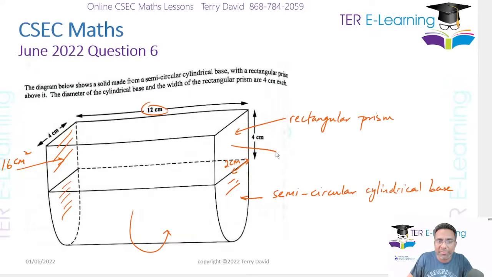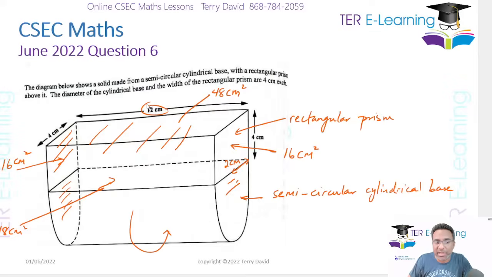Therefore, on this side here, this is also going to be 16 cm squared. On the back here is going to be 12 by 4. That's 48 cm squared. And then we have a 48 at the front as well. The only one we're missing now is on the top, which is another 48.